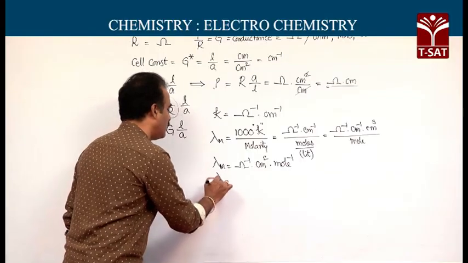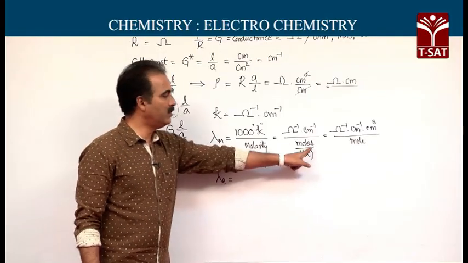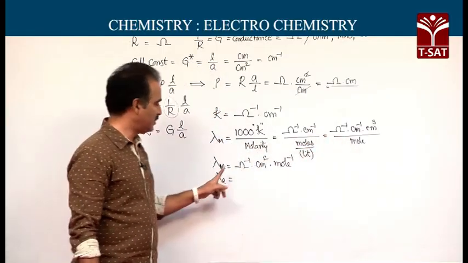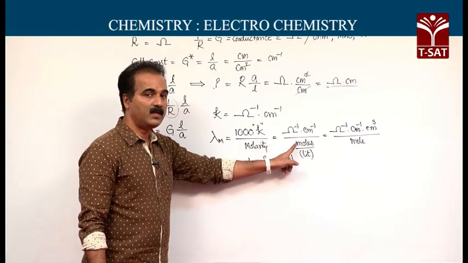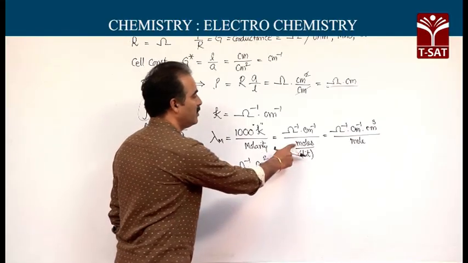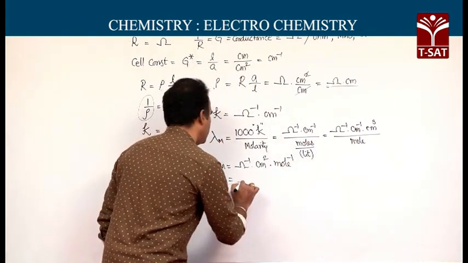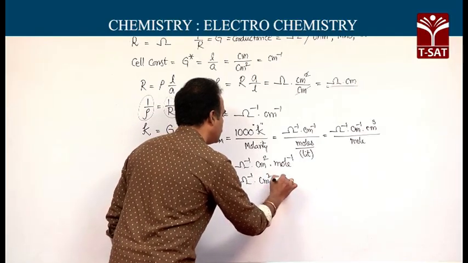Similarly, what is equivalent conductance? Molar conductance deals with moles per liter, whereas equivalent conductance deals with normality, that is, the number of equivalents per liter. So, the only thing is, in place of moles you will get equivalents, that is ohm inverse centimeter square equivalent inverse.